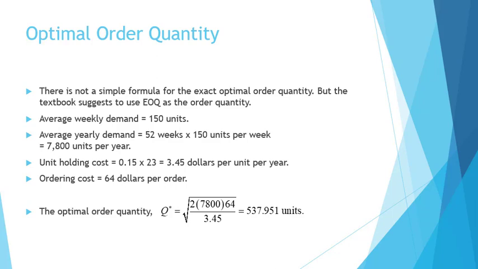Using the average yearly demand, the unit holding cost, and the ordering cost, the optimal order quantity using the regular EOQ formula is 537.951 units. We can assume that the retailer can use 538 units as the order quantity.